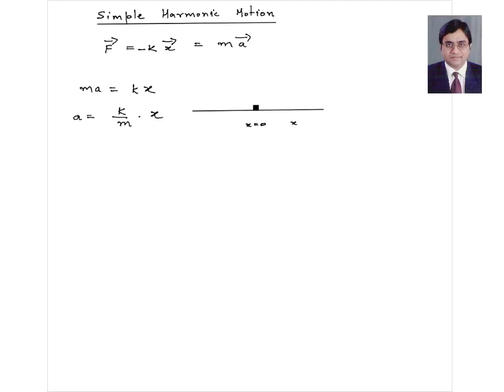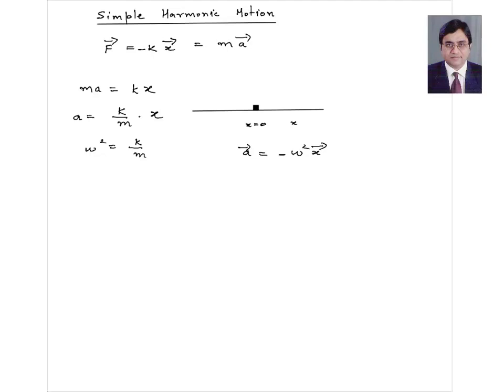It is a common practice to use omega square for k by m. It's a very common practice. So a is omega square x if we talk about just the magnitude, but if we talk about vector, there would be a minus sign.